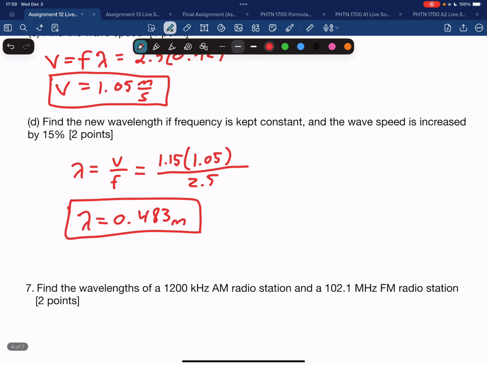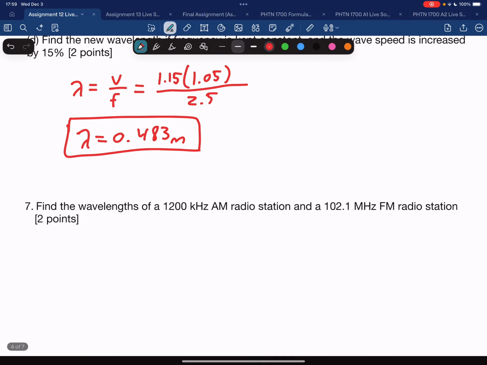Perfect. Number 7. Find the wavelengths of a 1200 kilohertz AM radio station and a 102.1 megahertz FM radio station. 2 points, 1 point each.